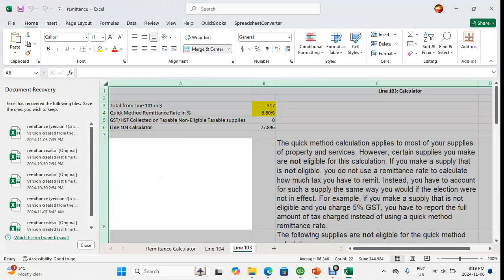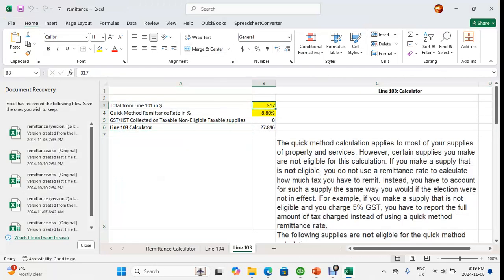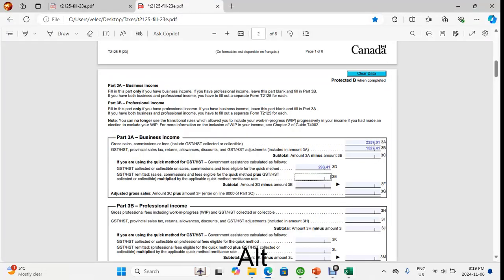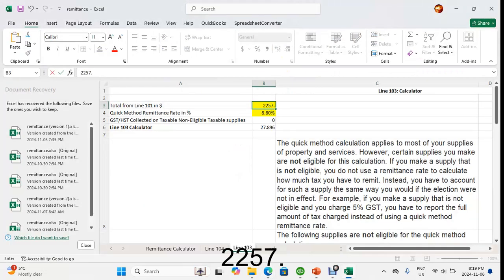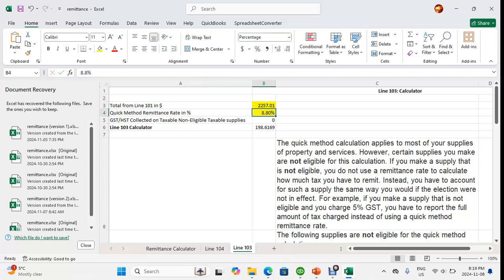So your line 101, this will be your total from line 101. Let's say this amount is $2,257.01. Your quick method remittance rate is listed on CRA's website.